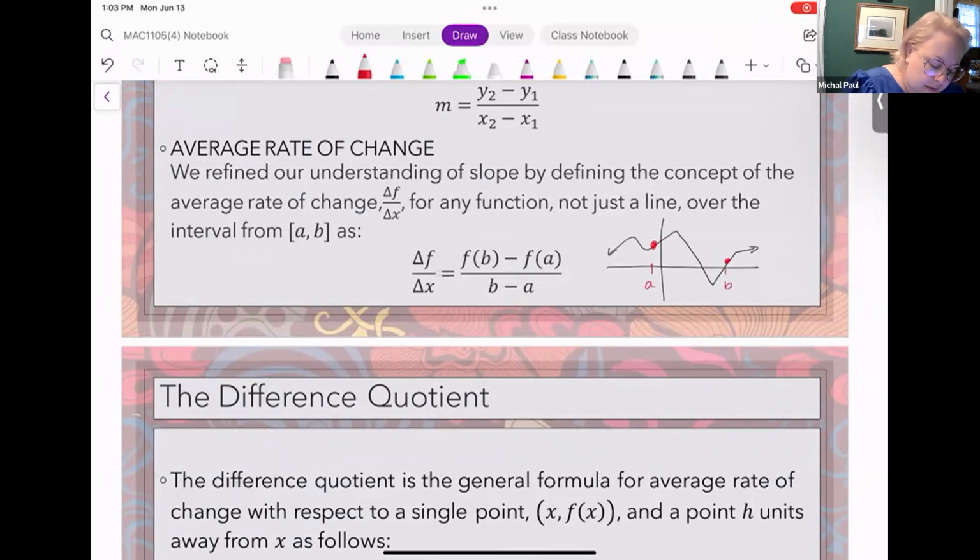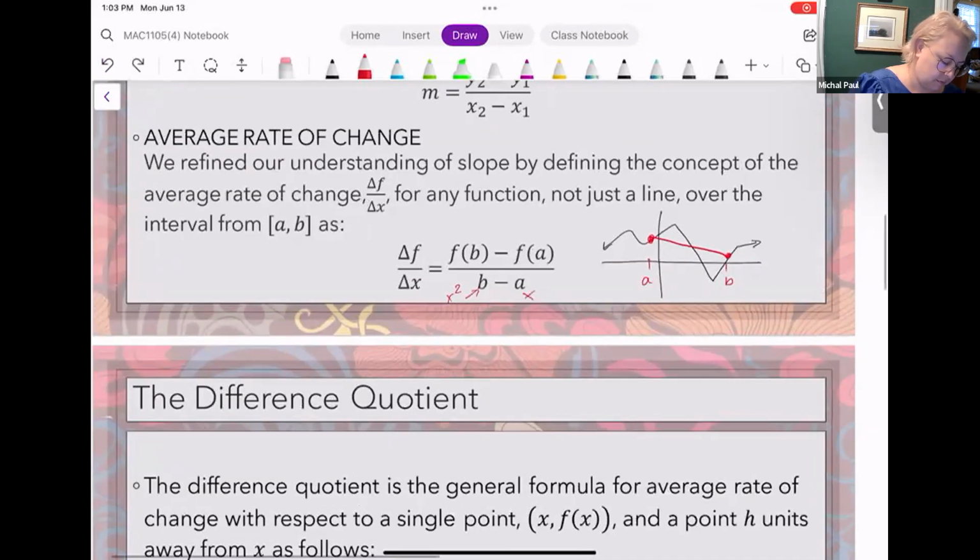I'm going to basically find the slope of the line that connects them, right? So this is my x2 and this is my x1. All right, and then if my output for those inputs are here, this is just my y2 and my y1.